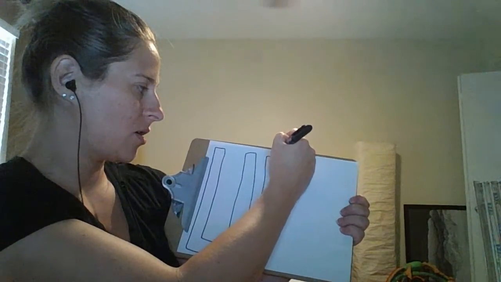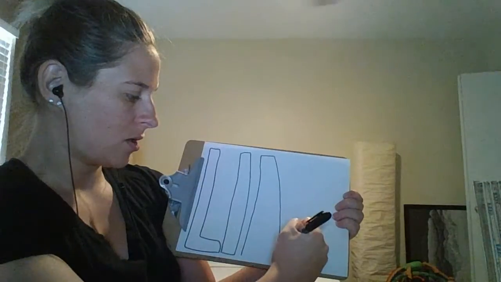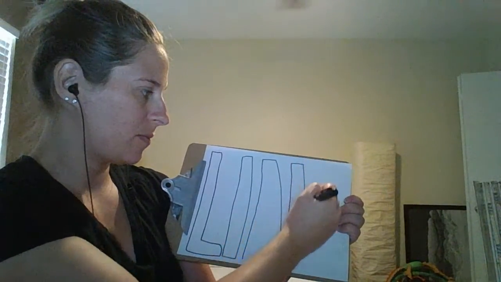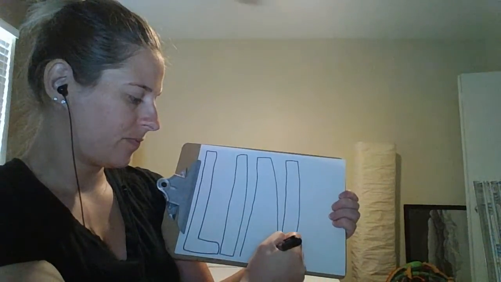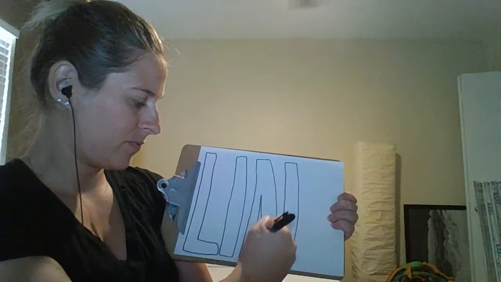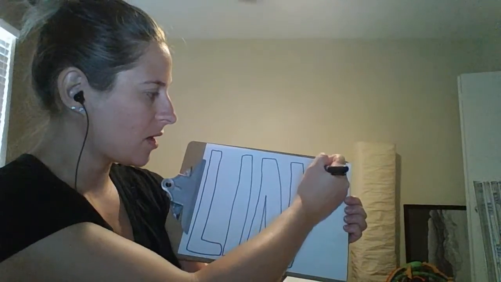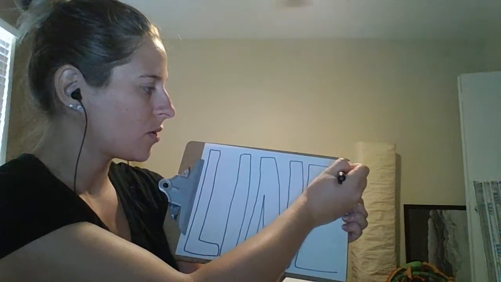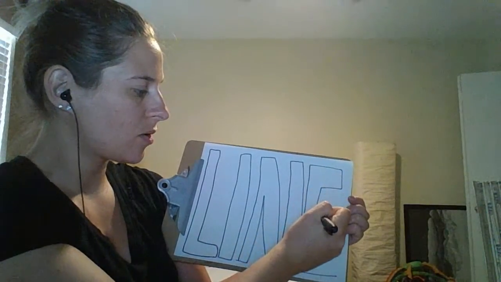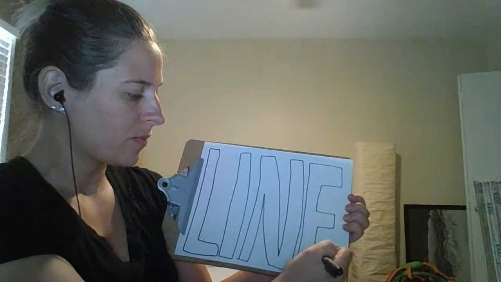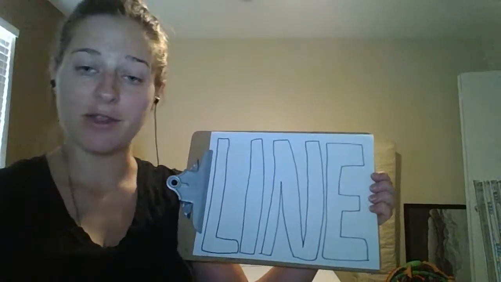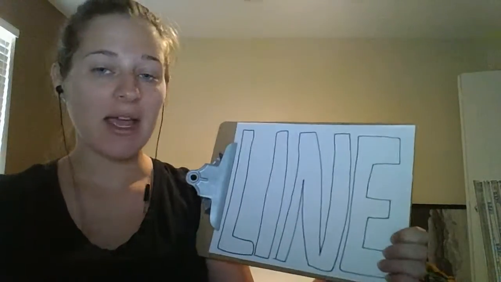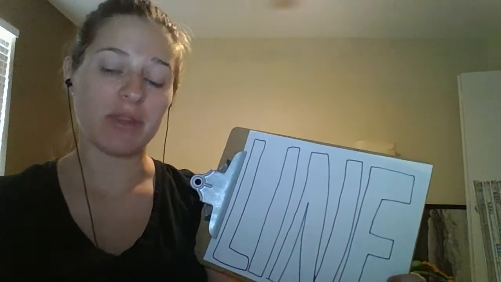N. And then E. Awesome. Okay, so they all fit. So I have my bubble letters that say line here. Now we're going to learn about some different line types and put them in here.